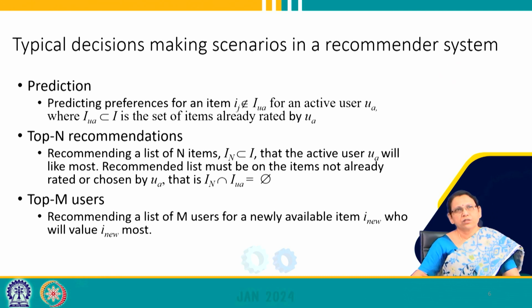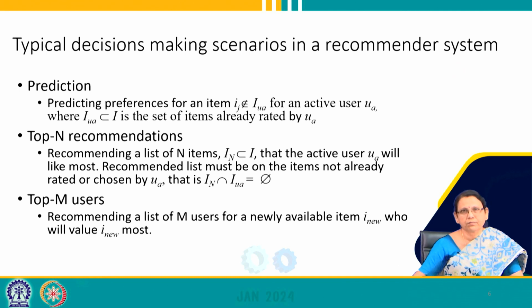Now, let us look at what are the typical decision making scenarios in a recommender system. By decision making scenario, we mean what kind of outcome will come out of the recommendation algorithm. The first task is we have to make the prediction. Prediction of what? Prediction of the rating maybe, and if we predict the rating, which are the items for which we have to predict the rating?